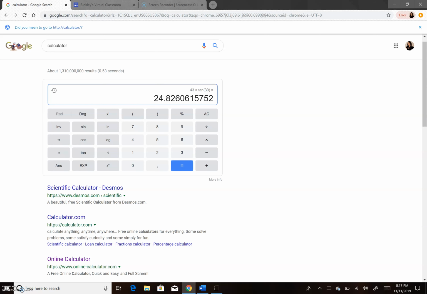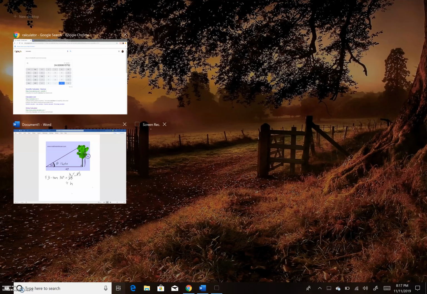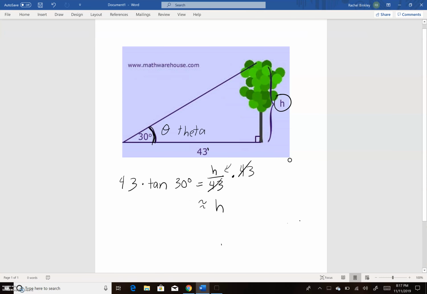On the test, it's going to want you to round to the 10th spot, one part after the decimal. So we're going to say this is approximately 24.8 feet. That's how tall the tree is.